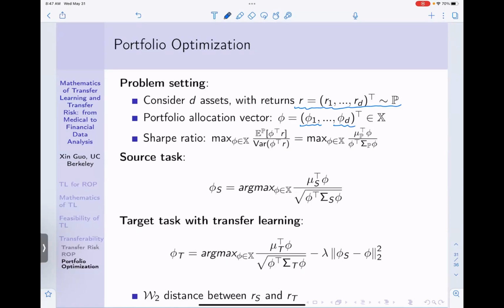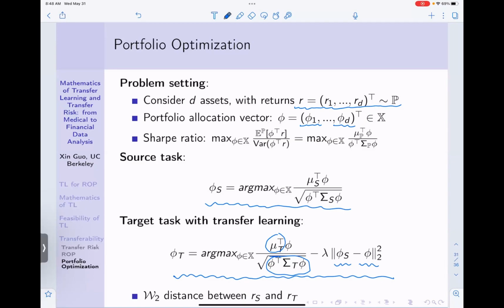I have a choice of assets, and I make a linear combination of these assets, and the way to choose the linear combination is to use the Sharpe ratio criterion to get the maximal return versus the lowest possible variance. And this is my source task. And I'm going to use the target task here to get closer to the source task, meaning that I'm going to choose the rate of different weights, and then I try to be close to the original task.